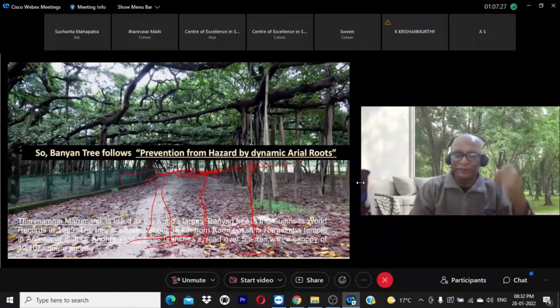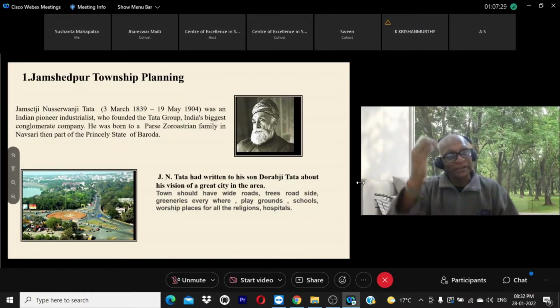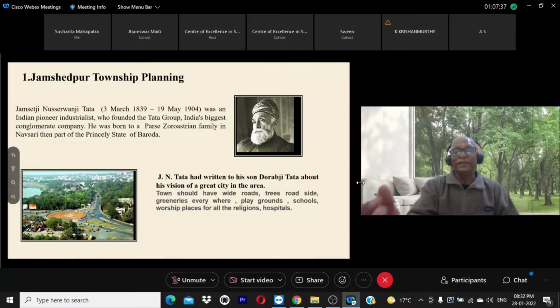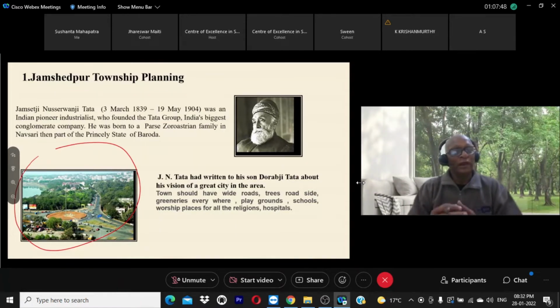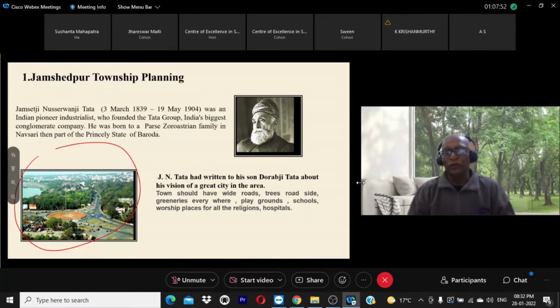But there are pioneers like Jamsetji Tata who created Jamshedpur. It came after his death, but he had written to his son, Dorabji, that the city should look like this. We should have green trees, wide roads. It should have temples, churches, masjids. It should have playgrounds, all these things.